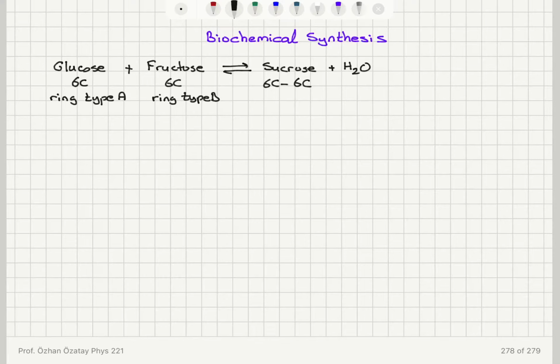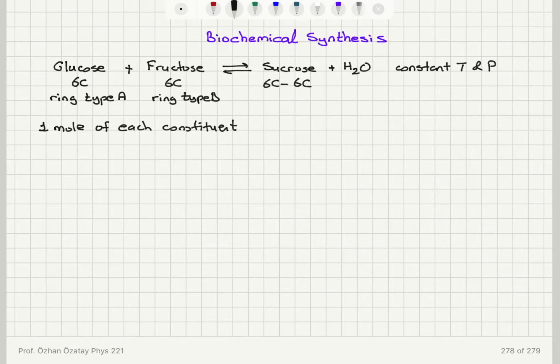And this reaction occurs at constant temperature and pressure. So we need to check the change in the total Gibbs free energy to see which direction the reaction will proceed thermodynamically. If we have 1 mole of each constituent, we're going to have as a result 1 mole of each constituent being produced in the reaction.